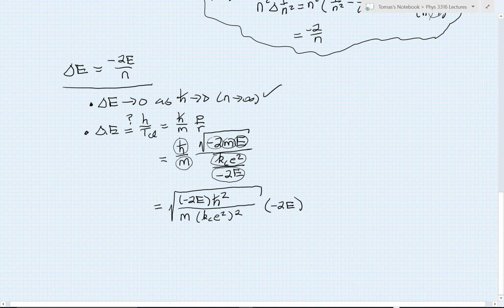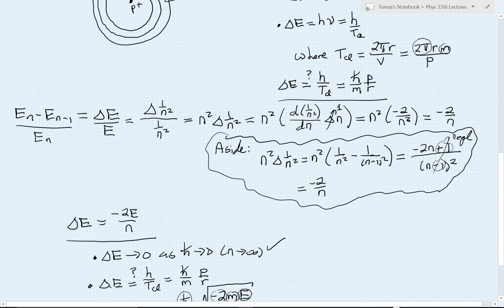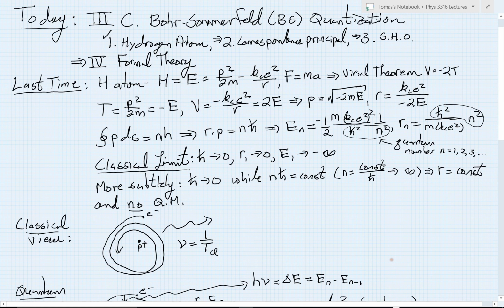The big question now is, what does this piece give me? Does it actually evaluate to the 1 over n that I need for the classical and quantum physics to line up perfectly? Now, to answer that, of course, what we need to do is to insert our result for the energy. For the energy from the quantum mechanical case, we have this expression.